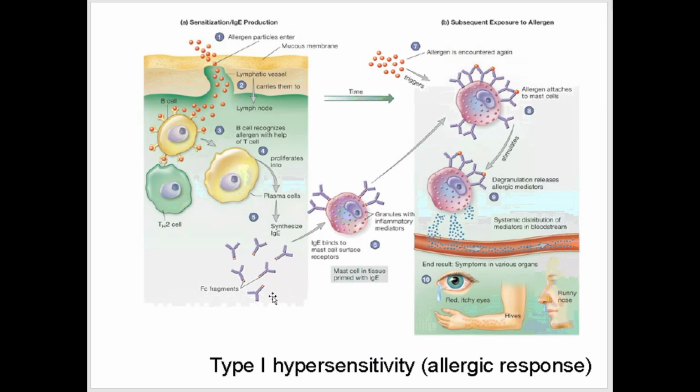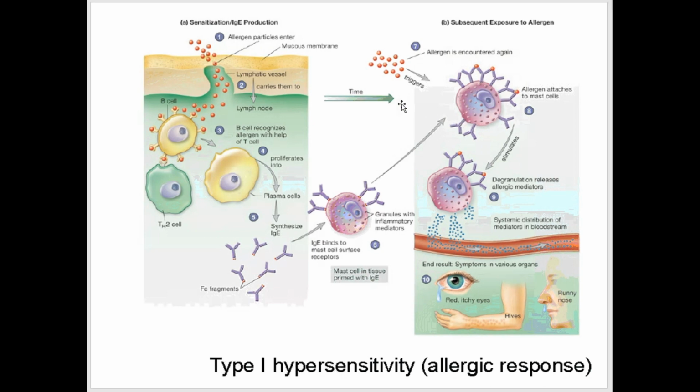So those antibodies are going to be embedded into the surface of mast cells. Remember, we talked about the mast cells. They have granules, and those granules are histamine-type granules that cause inflammatory response. So as time progresses, now you have these mast cells with embedded antibodies.